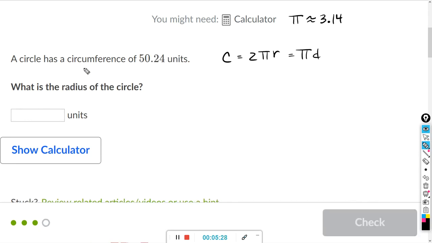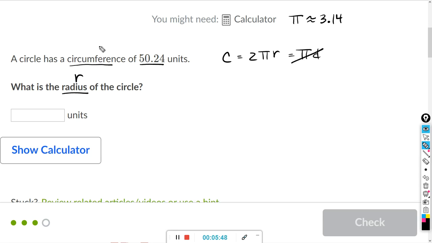So this one here, they give us the circumference is 50.24 units, and they want us to find the radius. Since we're looking for the radius, R, we're going to eliminate the one with diameter, or D. So we're not going to use that part.